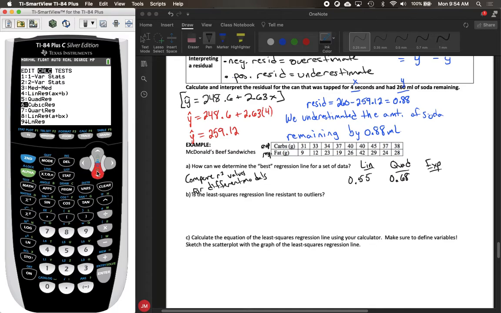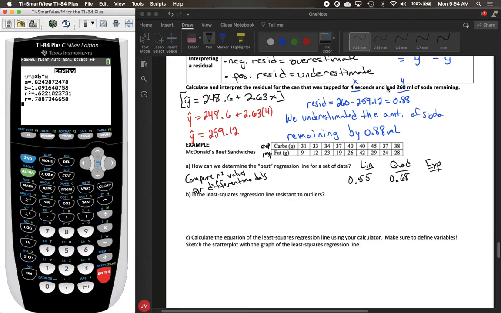Like there's cubic regressions, quartic regressions, natural logarithmic regressions, power regressions, all sorts of different things you can do. I'm just showing you the 3 most common, which are linear, quadratic, and the one that we're choosing right now, which is exponential.